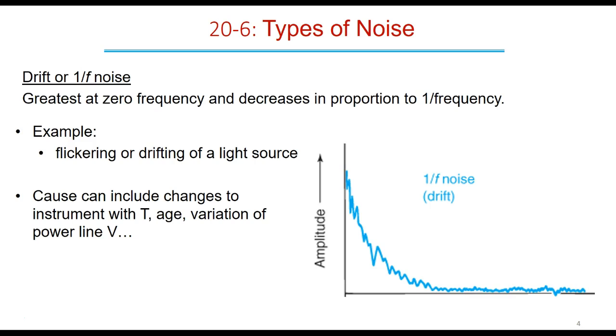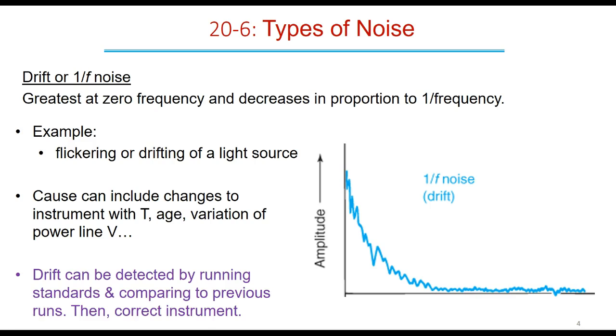There's just age, wear and tear, and then there's the variation of power line voltage, which is oftentimes why things in science labs are grounded very specifically, so we can minimize this type of variation. But all of these things have a lifetime, and they're going to fade into that good night. And that means, however, we'd probably want to track that.